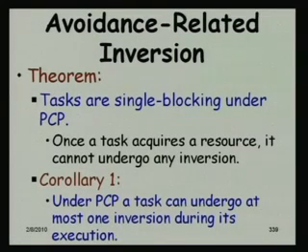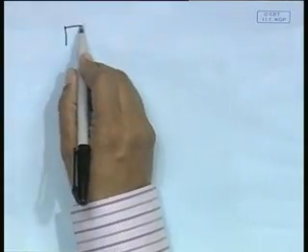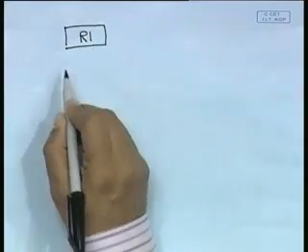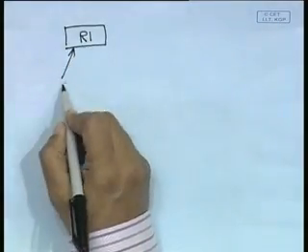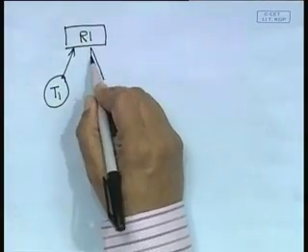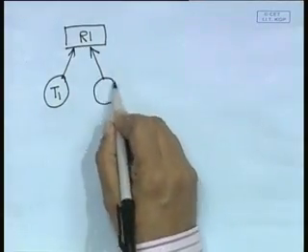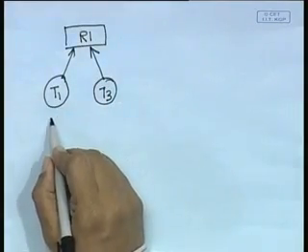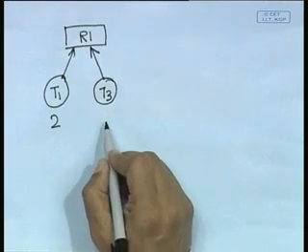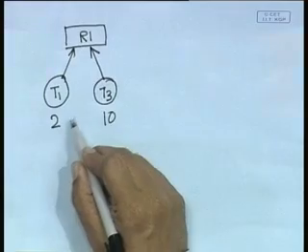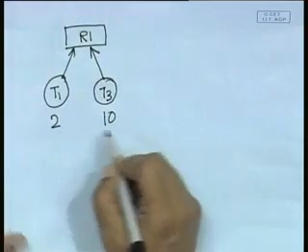So, let us assume that we have a resource R1 required by a task T1 and also required by a task T3. Let us assume T1's priority is 2 and T3's priority is, let us say, 10, and let us assume that priority 2 is more than 10.